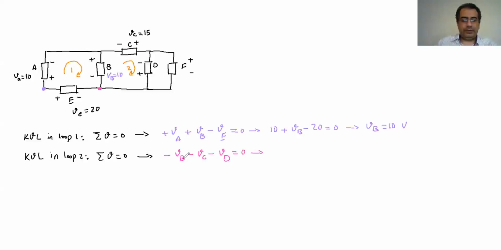And now I substitute the magnitude of VB. Don't get confused. If the magnitude of VB or VC or VD was negative, just put the negative, so negative times negative is going to be positive. The negative sign I use in front, or the positive sign I use, is regardless of the magnitude. The magnitude itself can be either negative or positive. That's another thing, so don't get confused. Here we have everything positive.